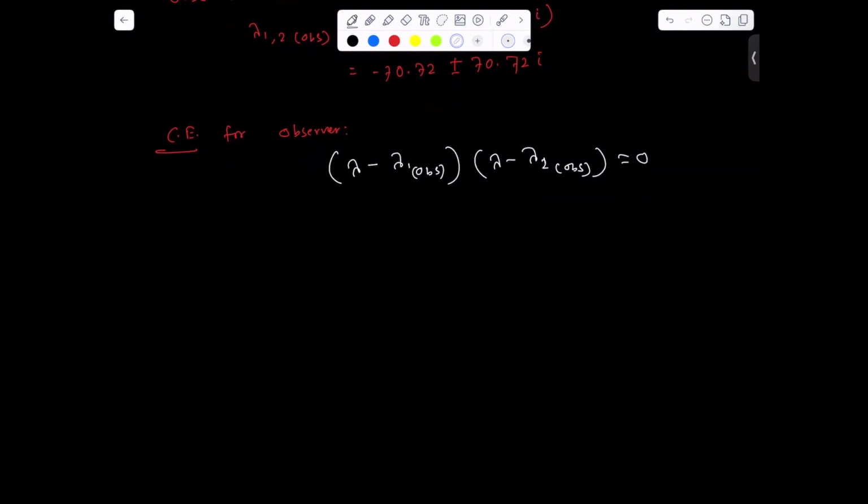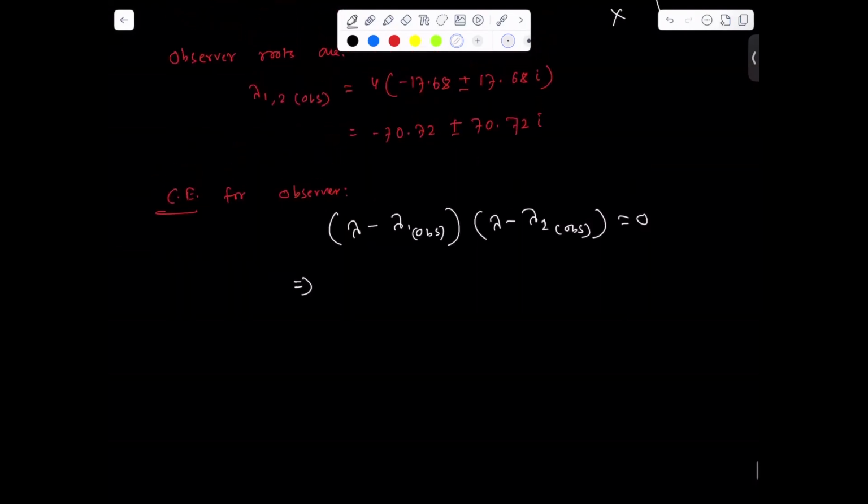And from this, if you substitute these values, one value is here, another value is here.